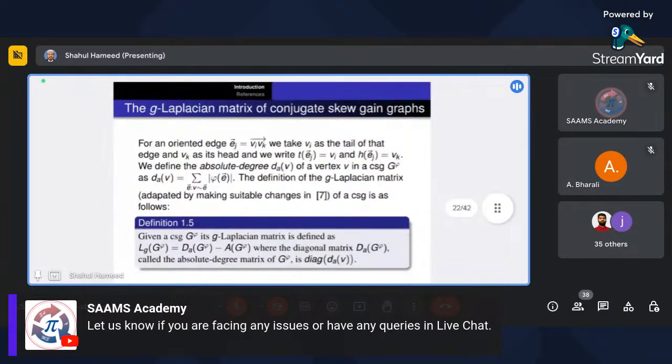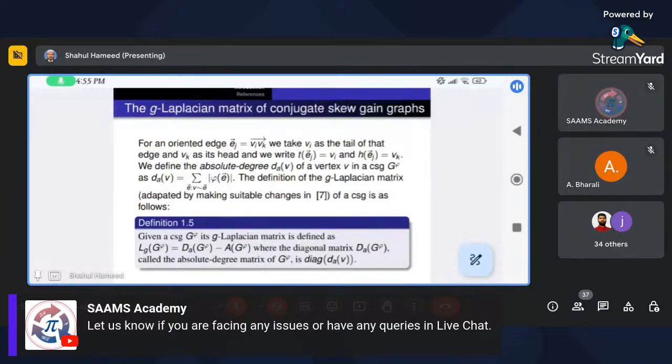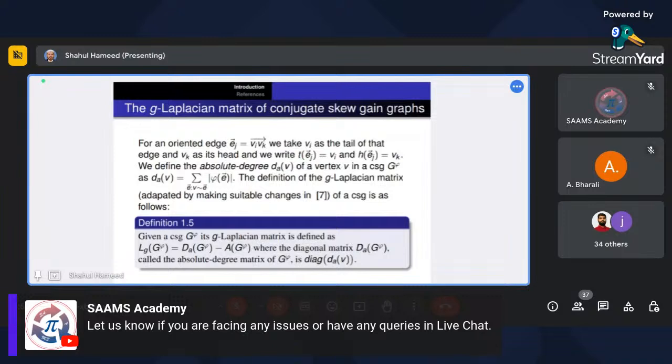Now let me move on to the Laplacian-like, or G-Laplacian, matrix of conjugate skew gain graphs. Here I have already mentioned that we require oriented edges. Take e_j as the oriented edge v_i v_k, where v_i is the tail of the edge e_j and v_k is the head of the edge e_j.